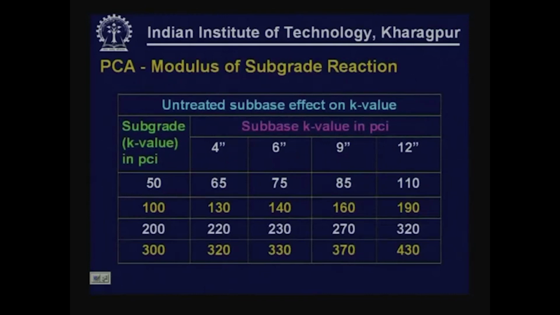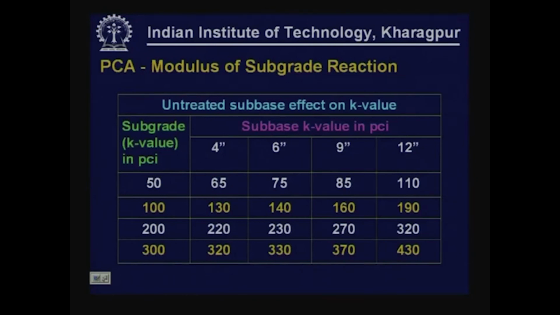This is how we can increase the modulus of subgrade reaction of a given subgrade if a subbase is used, subbase of different thicknesses. This table here gives us guidelines about how to obtain the corresponding increased effective combined modulus of subgrade reaction for the two layers, subgrade and the granular subbase.